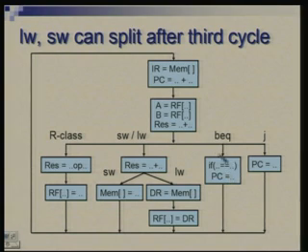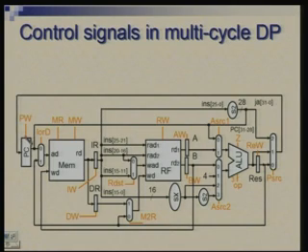So, this state will generate a signal which I am calling PWC, conditional, and a state like this or like this will generate a signal which I am going to call PWU, unconditional. So, the signal PW which is going here would be derived out of these two. I will explain that in a moment.